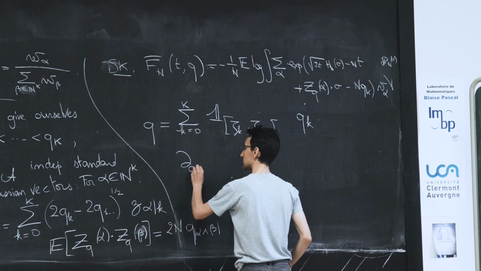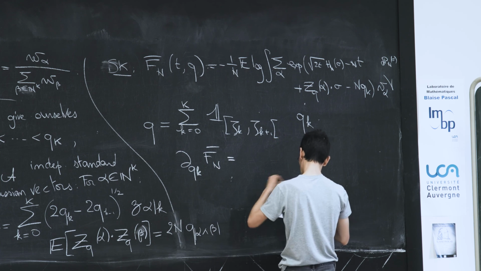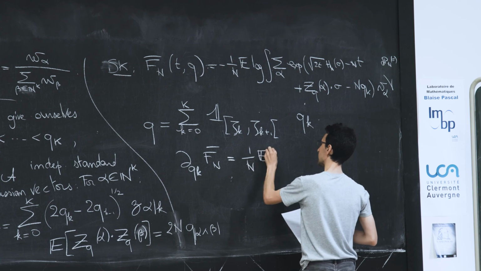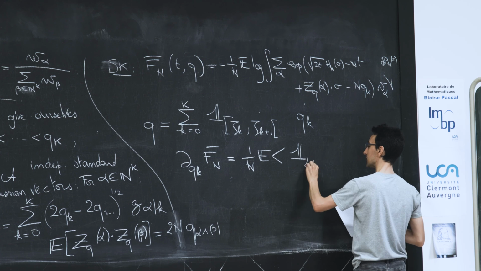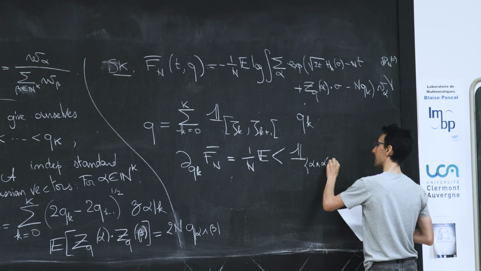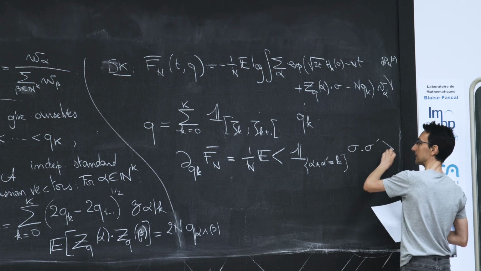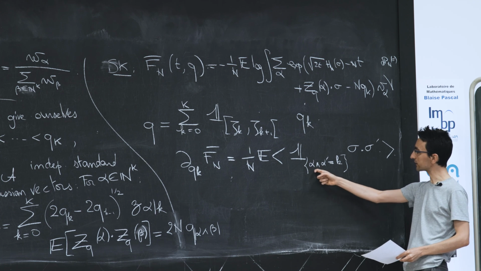So when I differentiate with respect to qk, I'm going to get 1 over n times the expectation of something that involves both the alpha and the sigma variables. And I get this. Something that at the same time looks at what alpha is doing.